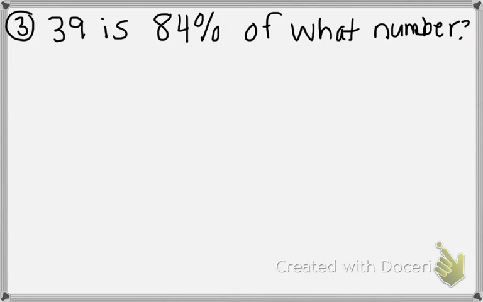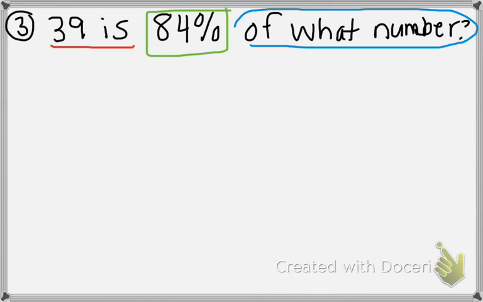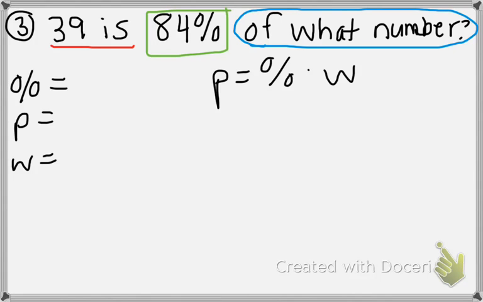Last example. 39 is 84% of what number? Again, we'll do our boxing, circling, and underlining. 39 is 84% of what number? Let's label: percent equals, part equals, and whole equals. The percent, 84%.